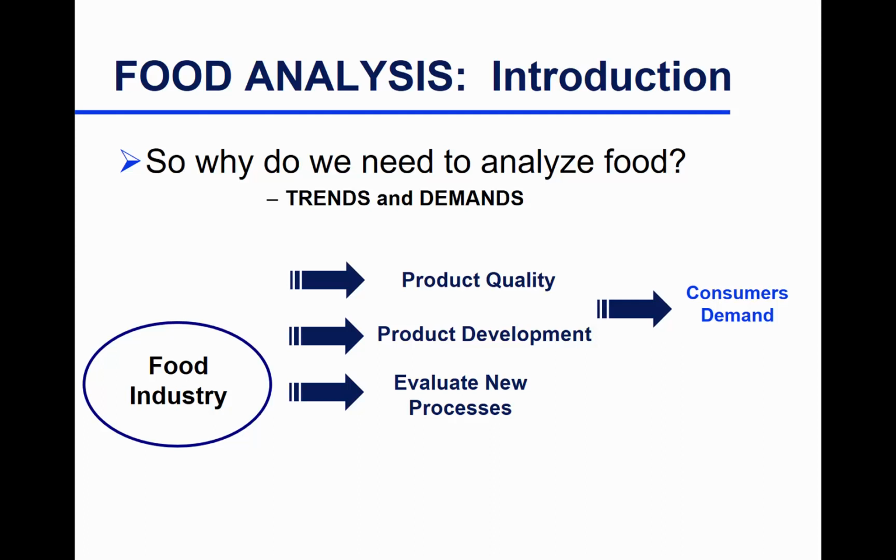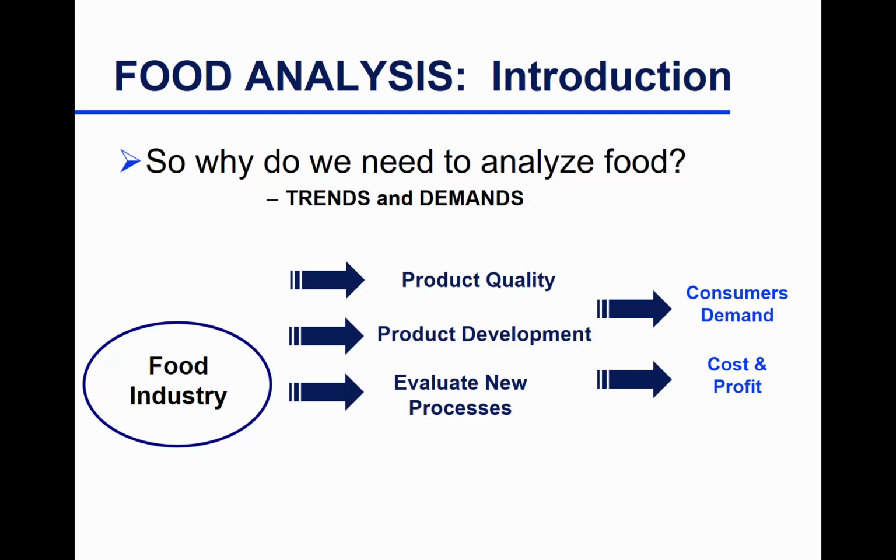When you change your process, change an equipment in your plant, how would that impact your product? That is something that you would do. And you always consider product development and evaluating processes to reduce cost and increase profit. So changing an ingredient from a high cost ingredient to a low cost ingredient, how would that impact the product itself, the quality, the consumer acceptability, and would that at all impact profit?